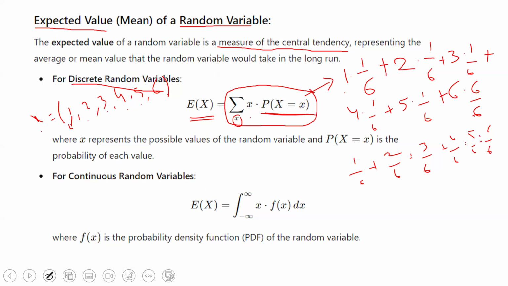So what this becomes? 9, 10, 15, 21 by 6, 21 by 6. So what will be the value of this? 3.5. So this is the expected value of a random variable, the mean of a random variable.